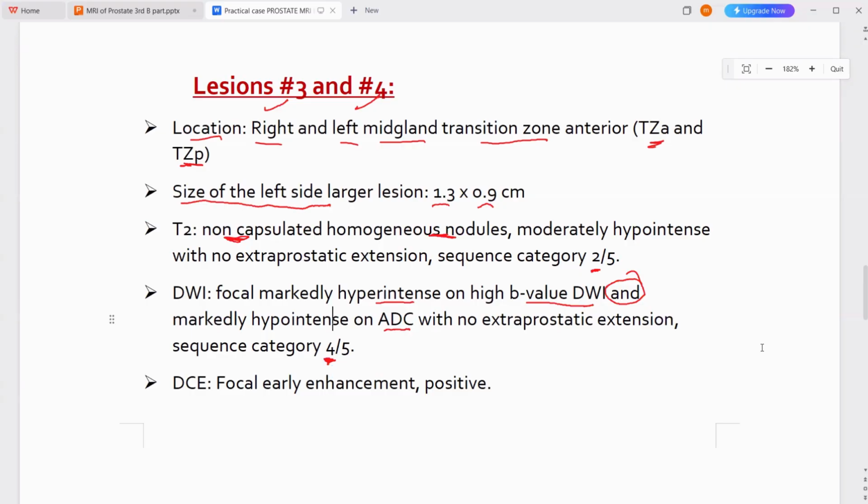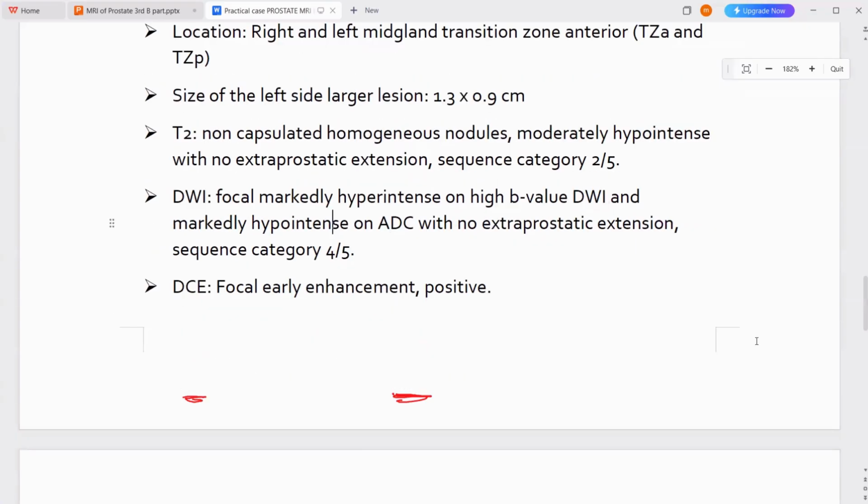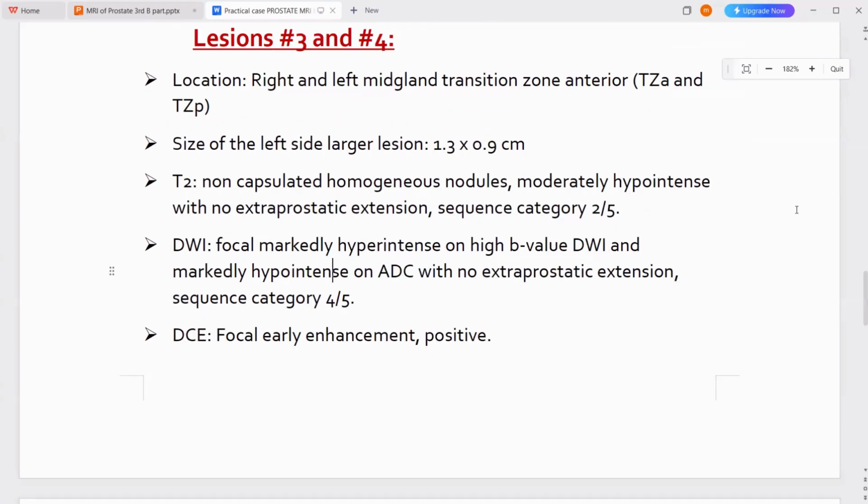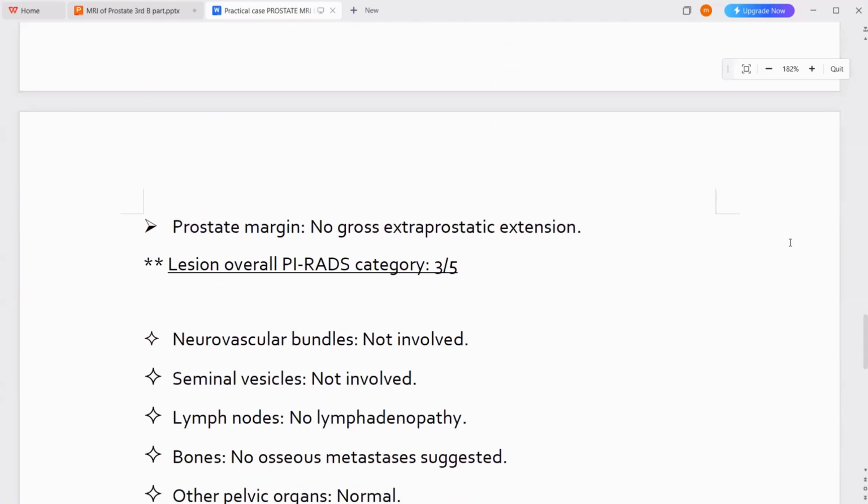So according to these scores, score 2 on the T2 weighted image and score 4 on the diffusion weighted image, we have PI-RADS 3, as we discussed before. Regarding the dynamic contrast enhancement, it is positive, but as we said before, it has no role in the transition zone. Prostate margin is clear, so we have PI-RADS 3.